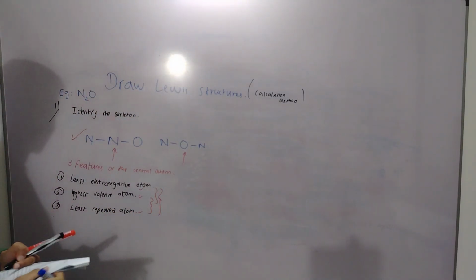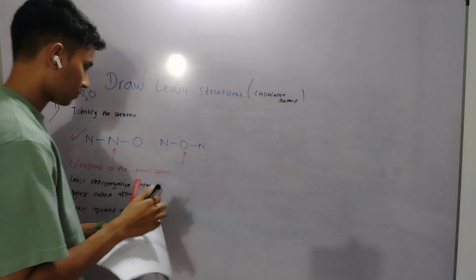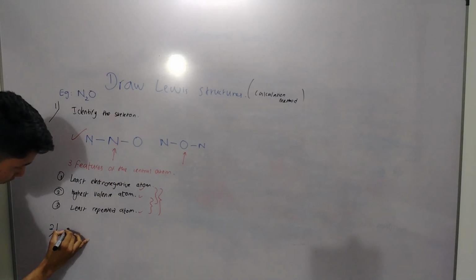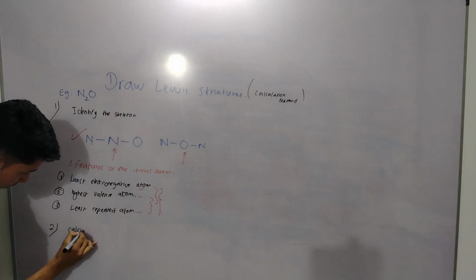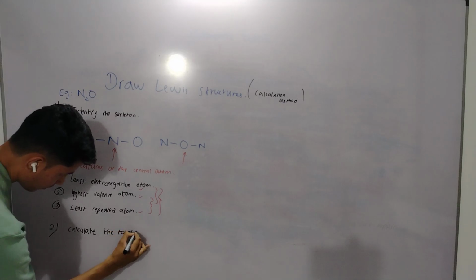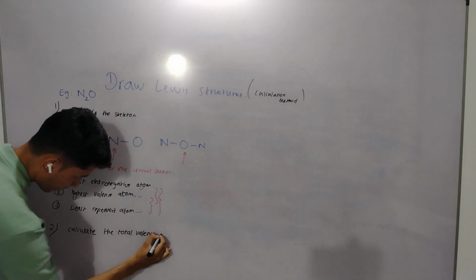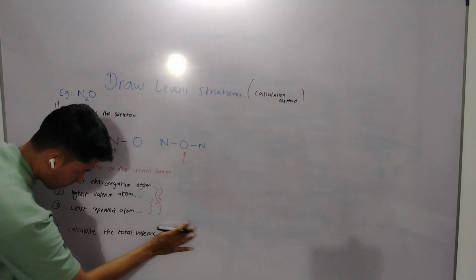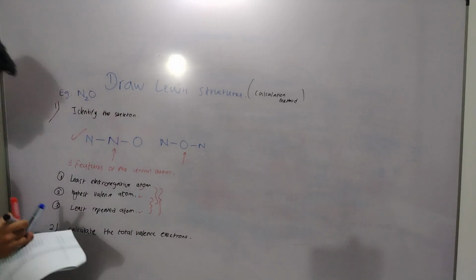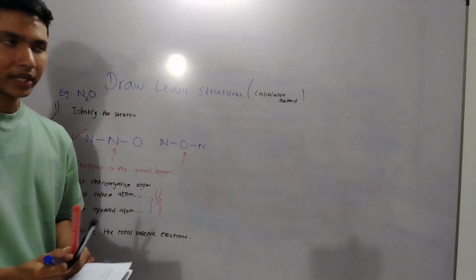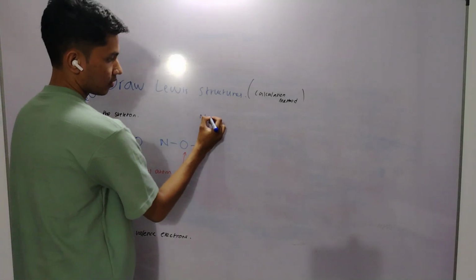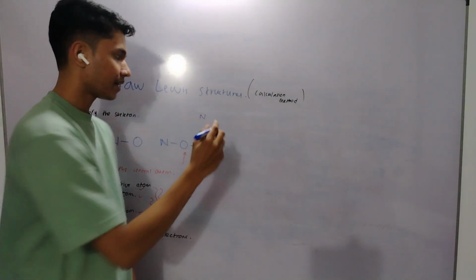In the second step, calculate the total valence electrons. How do we calculate that? From the first unit, you might know the valence electrons of nitrogen.